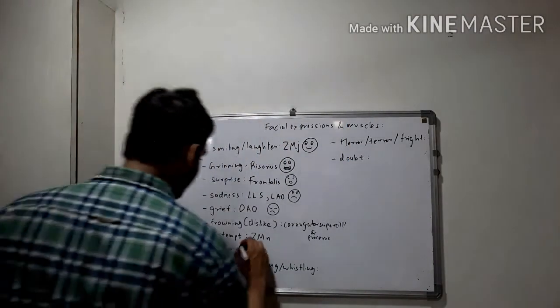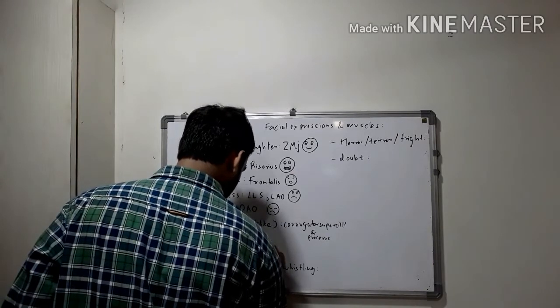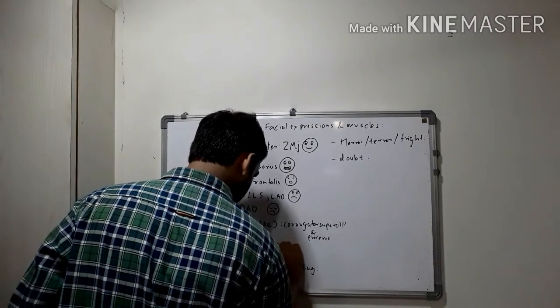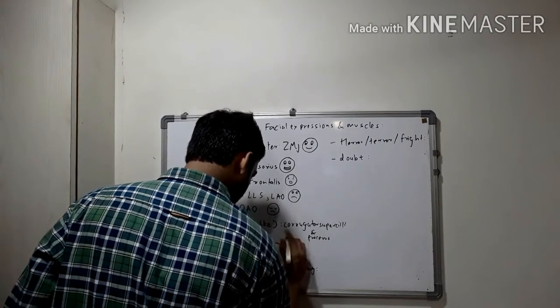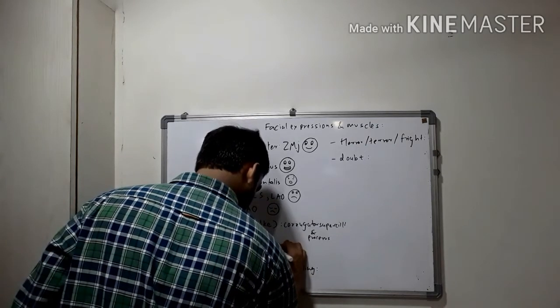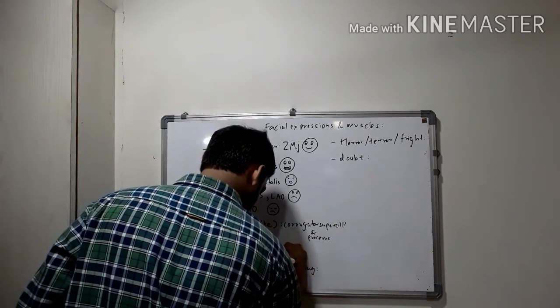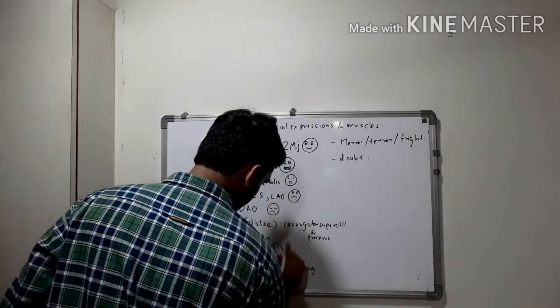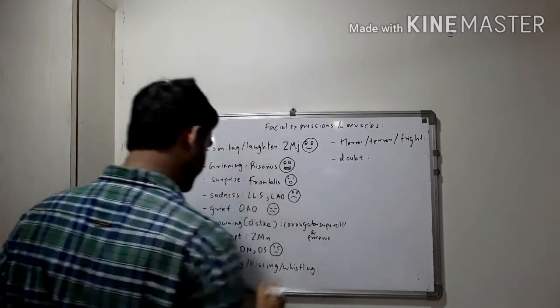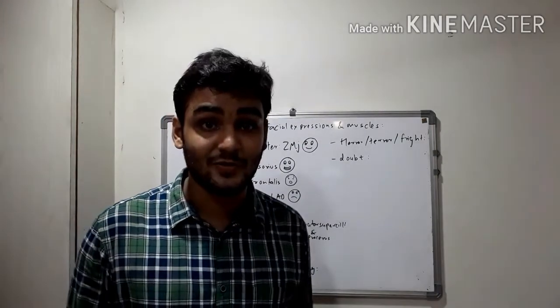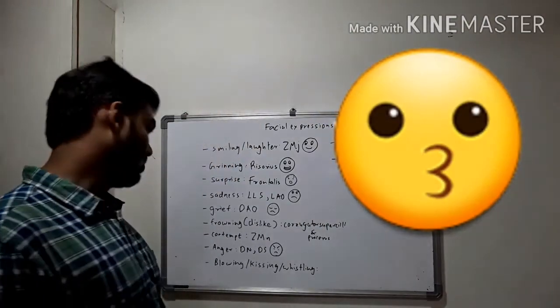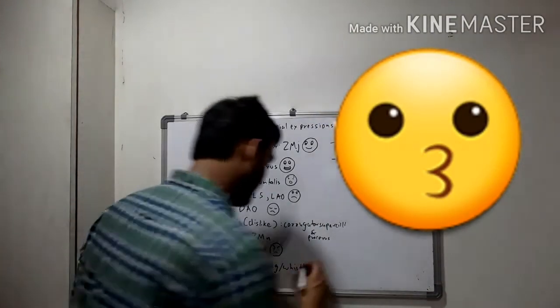So we have the dilator naris and depressor septi. Now your favorite muscle, the muscle of kissing, buccinator, also the muscle of blowing and whistling.